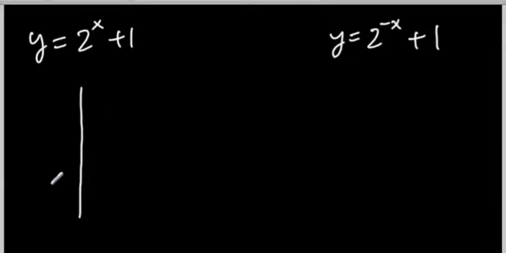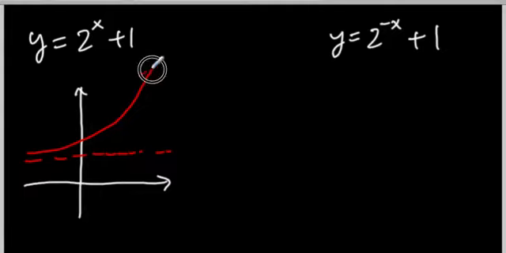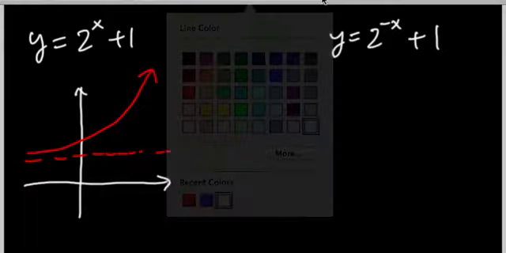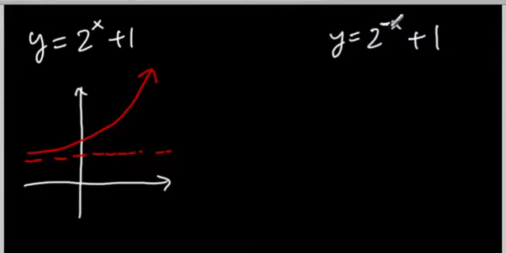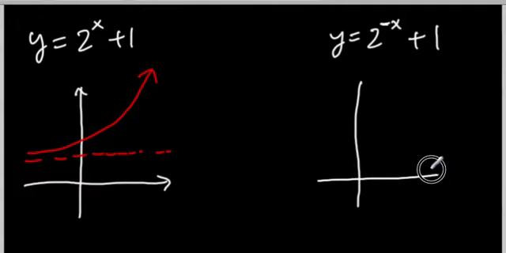As we stated before, the first thing we have to do is find the asymptote, which is 1, okay? And this would just grow exponentially right there. Now in this case, the second one, if you recall from transformations, what that negative does is it's just a reflection across the y-axis. So if it's a reflection across the y-axis, we still do the same thing, which is first we always draw the asymptote, which is 1 in this case.